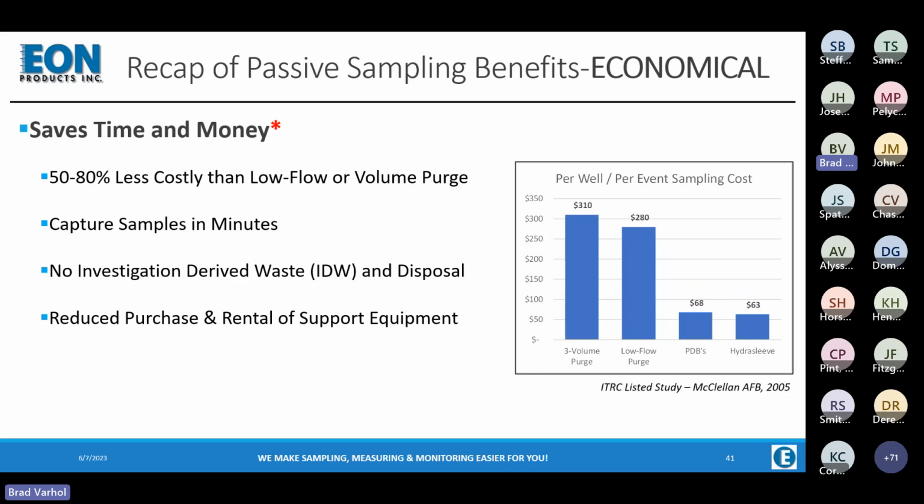We've seen that same type of information repeated over and over again. It's because we can capture a sample in minutes. And by the way, these numbers don't include IDW, and when we add disposal, the numbers get significantly better because we have little to no disposal water. And then we can eliminate, in some cases, the purchase or rental of support equipment. Reduce costs, increase compliance, put more resources available for cleanup.